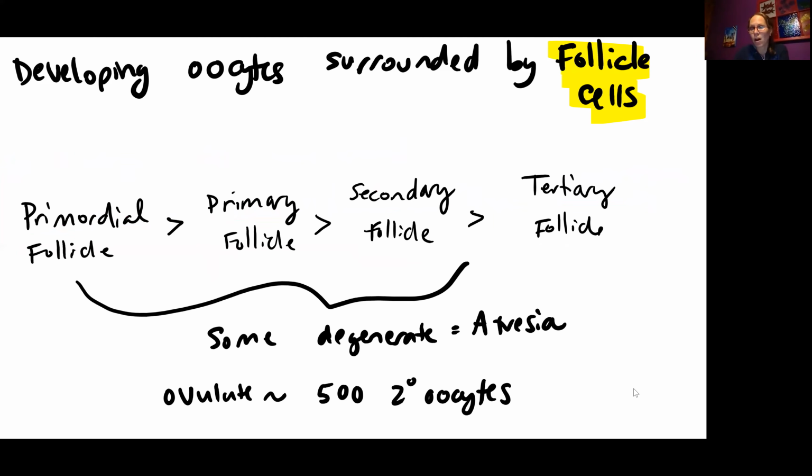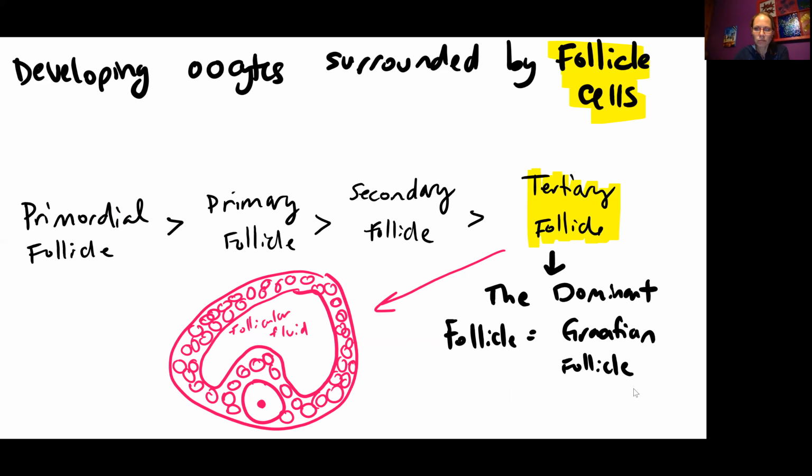You're only ever ovulating maybe 500 secondary oocytes out of that collection of like 2 million that you started with at birth. So we're getting little bits of development along the way, but thank goodness, it is not every single one of those primary follicles that becomes an ovum.